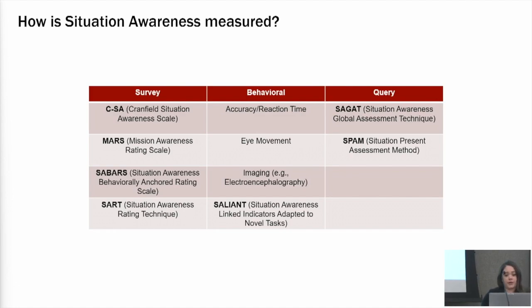The procedure we're talking about specifically today, SALIANT, is one of those indirect measures. It's behavioral. We can't directly see these things happening. But we focused on this in particular because there is a bit more research on those query-based measures and how reliable and accurate they are.